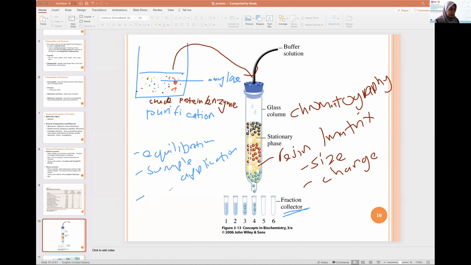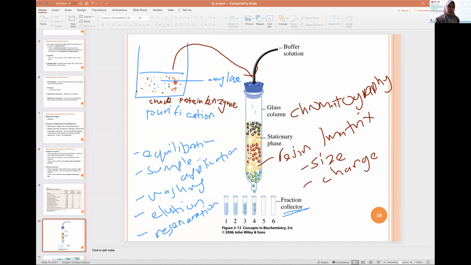The third step will be the washing step. The second last step will be the elution step. The final step will be the regeneration step, where we regenerate because we want to reuse the column.